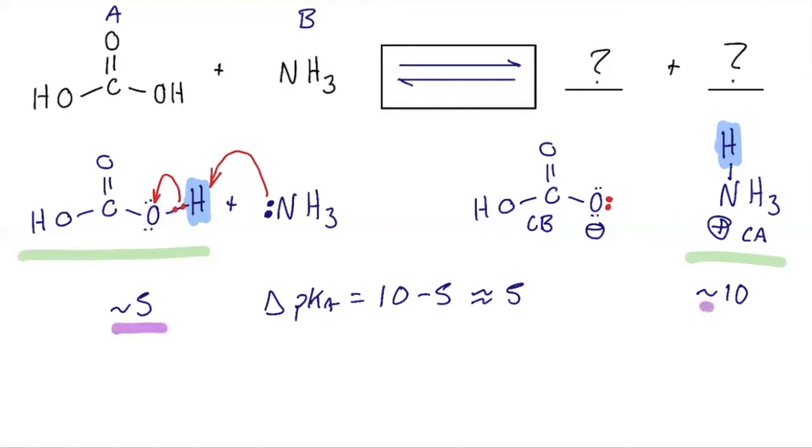Hence, this is again also reflected in its pKa value. So even though we are calling this in perfect equilibrium, it's really a little bit one-sided. We are saying that this side has the stronger acid. And that would predict our reaction direction if this was a lopsided equilibrium.